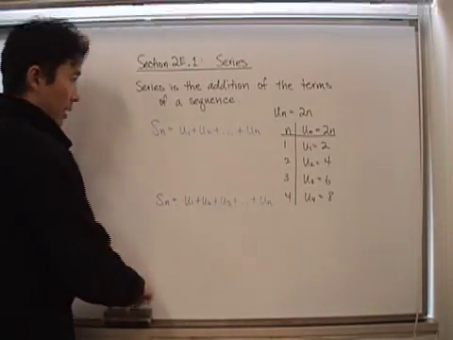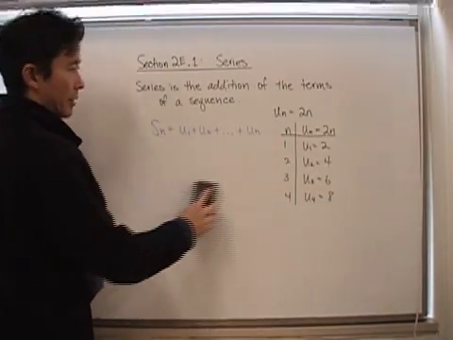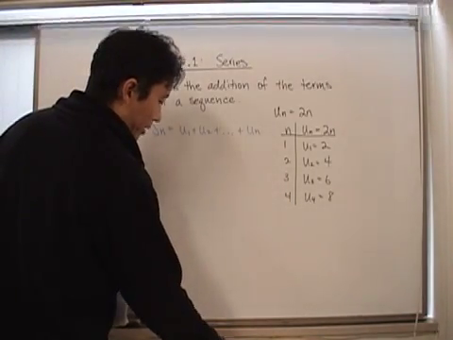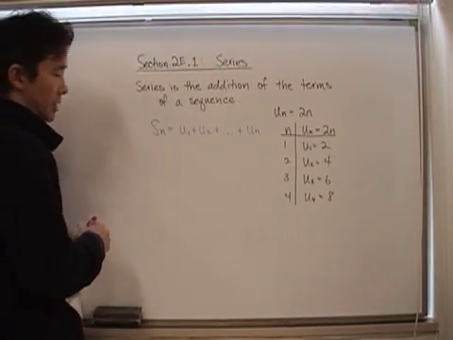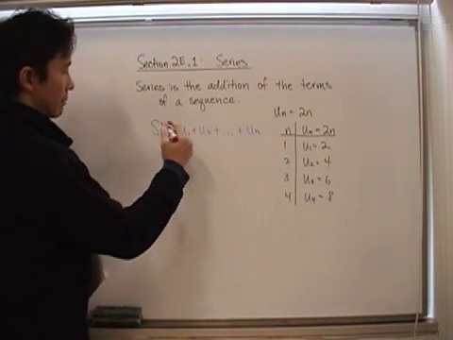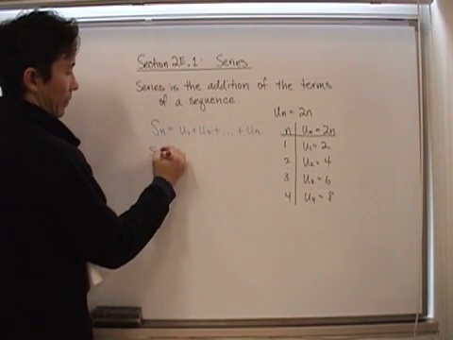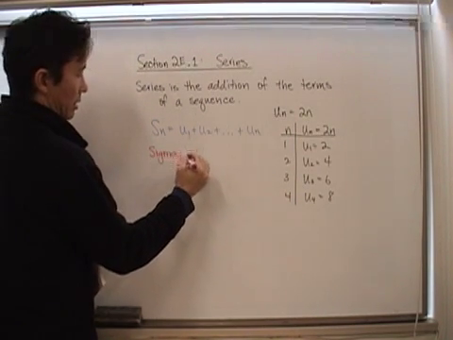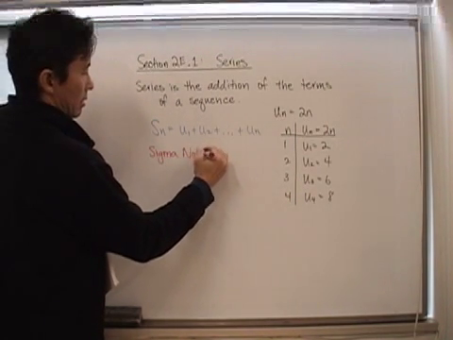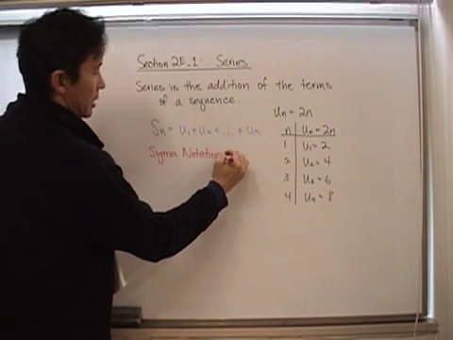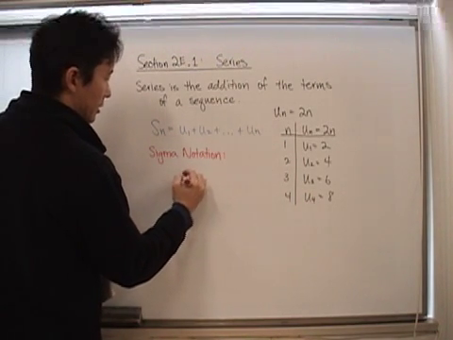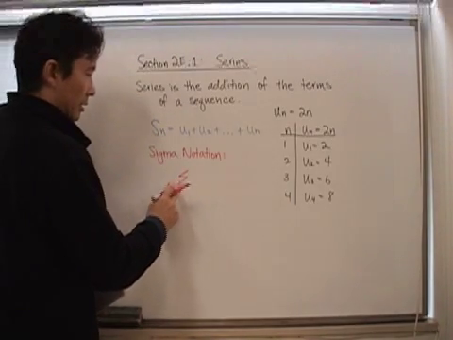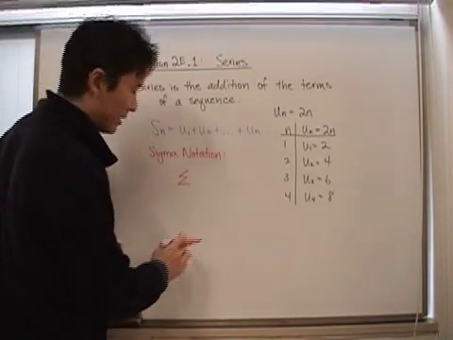Okay. Now there's another way that we can write a series, and it will be using a special form of notation which is called the sigma notation. The sigma notation uses this Greek letter which is called sigma.